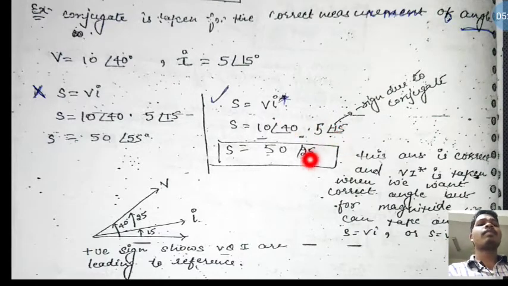So 40 minus 15 degree is 25, and after multiplying 10 into 5, we get 50 into angle 25 degree. After taking the conjugate the angle is 25, but in this case 55 degrees, so it is not correct.